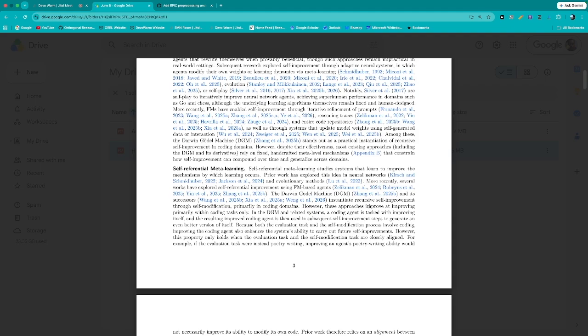However, these approaches improve at improving primarily with coding tasks only. So the Darwin-Gödel machine was restricted to coding domains, where it's easy to characterize the task and quantify progress and improvement in behavior.